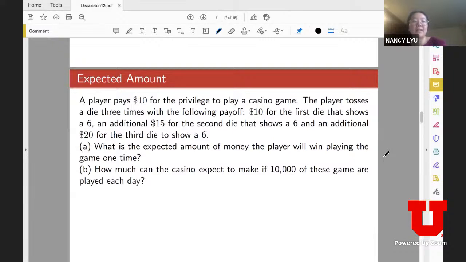The player tosses a die 3 times with the following payoff: $10 for the first die that shows a 6, an additional $15 for the second die that shows a 6, and an additional $20 for the third die to show a 6. Part A asks, what is the expected amount of money that the player will win playing the game one time?